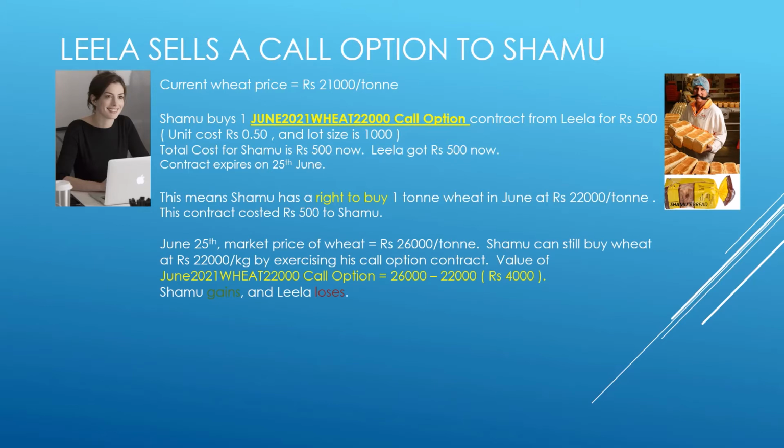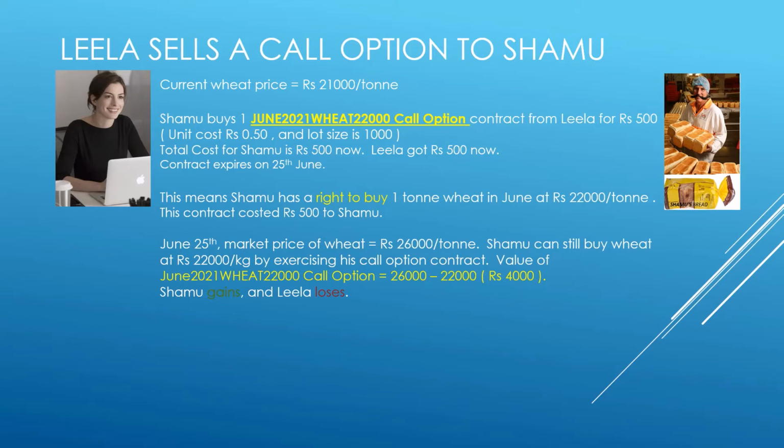Now what happens in June? Let's assume on June 25th, the market price of wheat went up to rupees 26,000. But Shamu can still buy wheat at rupees 22,000 by exercising his call option contract.